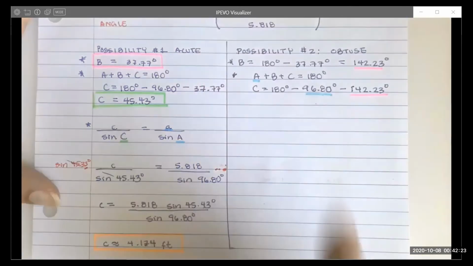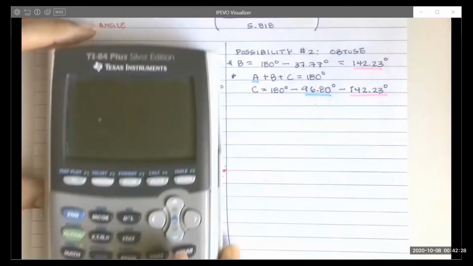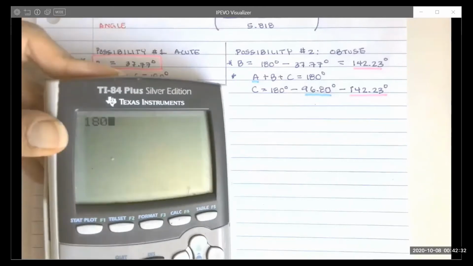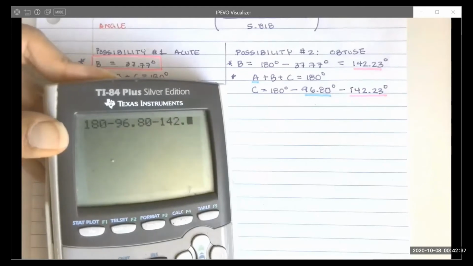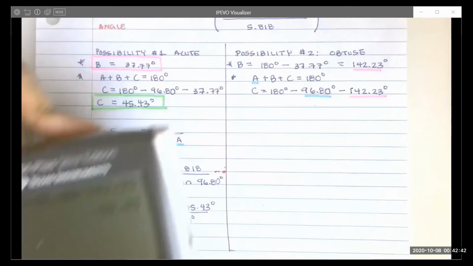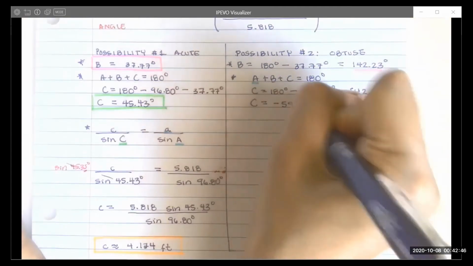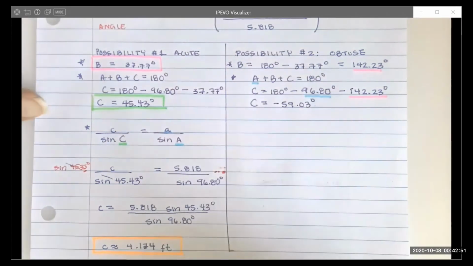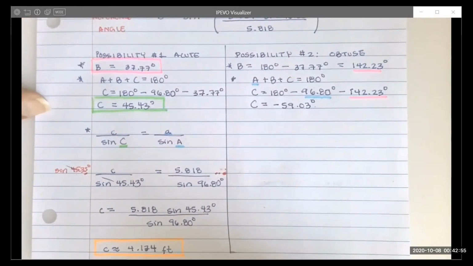Okay, so back to this problem. If I try to calculate what C is going to be, I'm going to have 180 minus 96.80 minus 142.23. And that gives us a negative angle for C. Do you guys remember what this means? If we get a negative angle, what does that mean for possibility number 2?